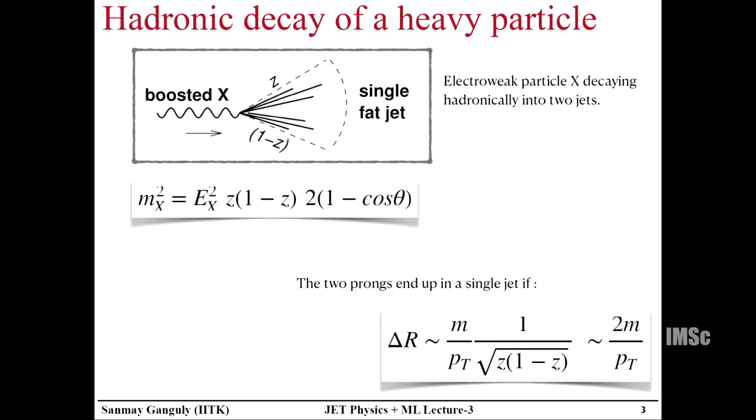But given the amount of boost we are talking about, pT is quite large. If a jet has that large a pT and lambda QCD is 200 MeV, that's not where we are interested in applying these algorithms, right? We are not worried about lambda QCD when we are talking about boosted jets.